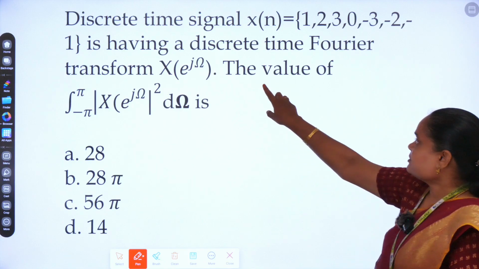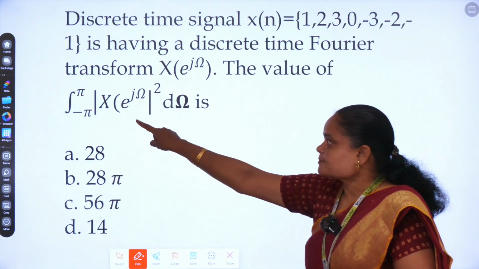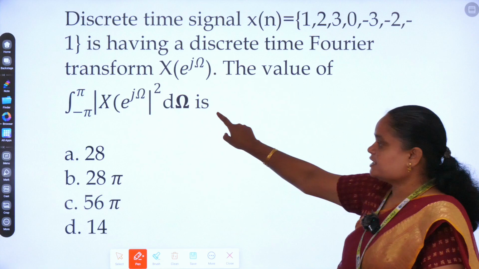So the value is the integral from minus pi to pi of |X of e power j omega| square d omega.